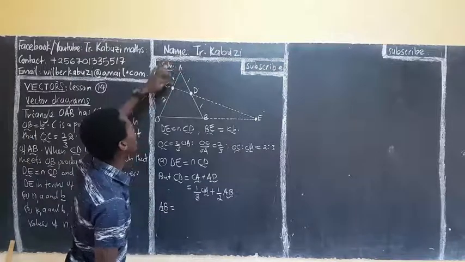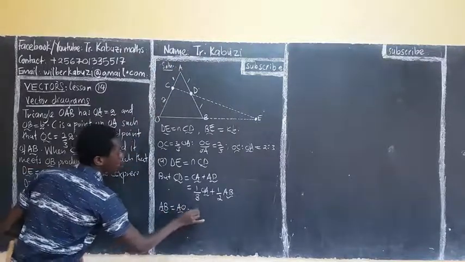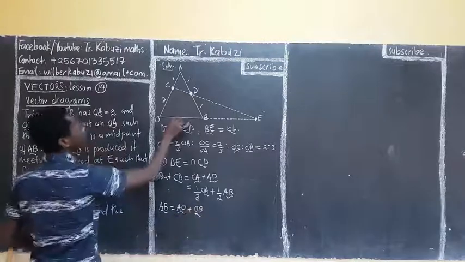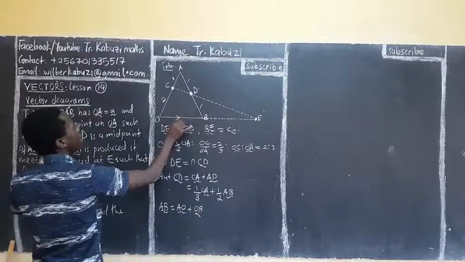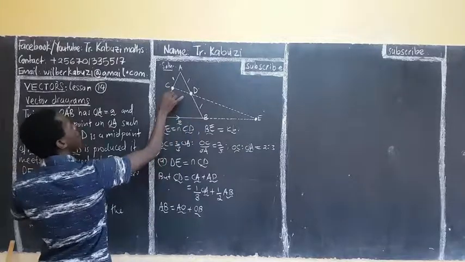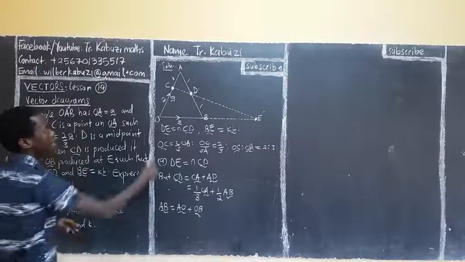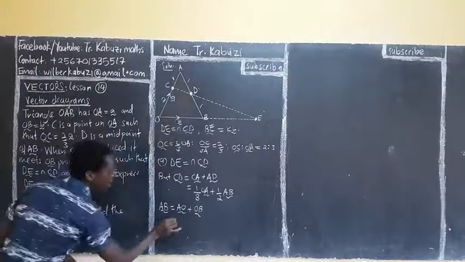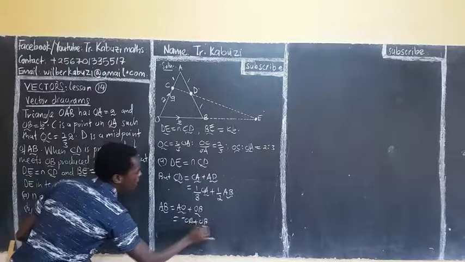My AB will be AO plus OB. They told us that vector OB is b. Then for OA, we are taking the direction of AO, so this will be negative OA plus OB.